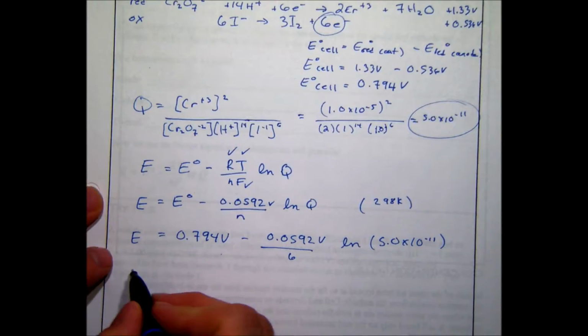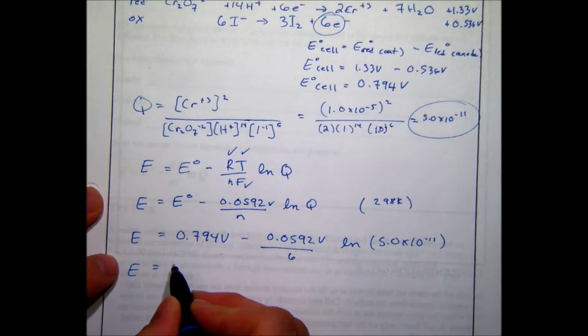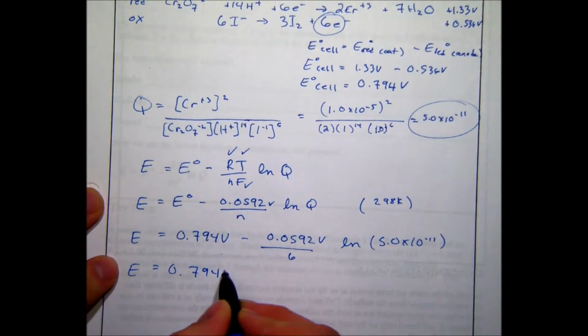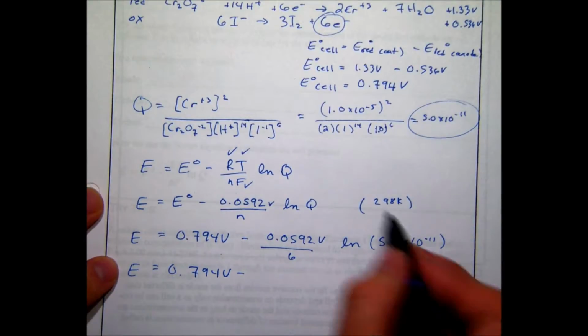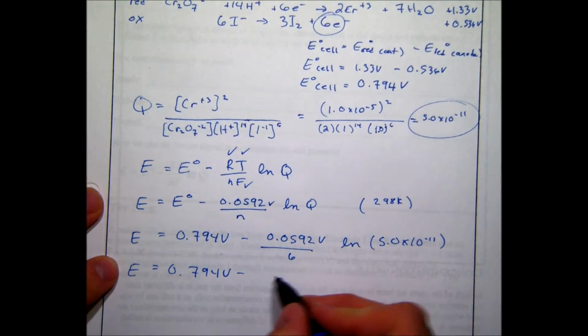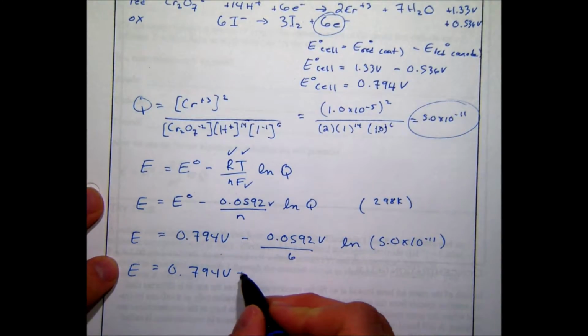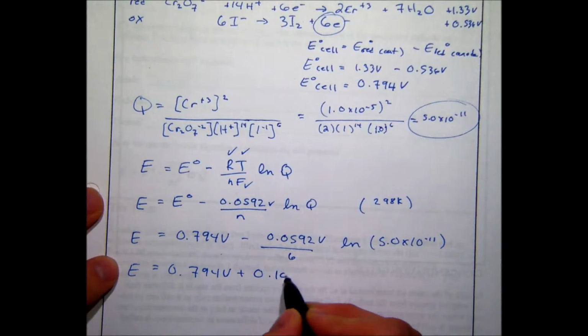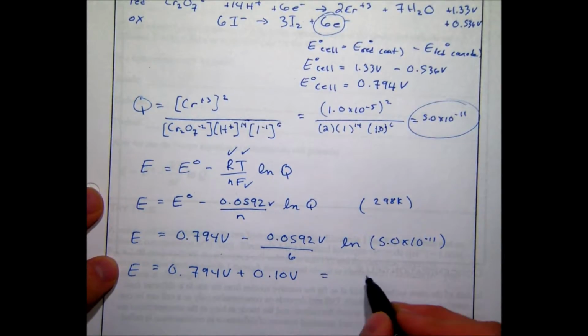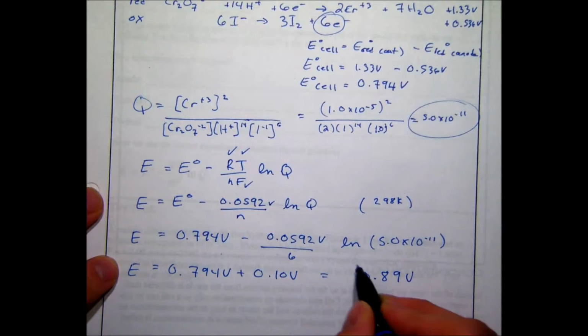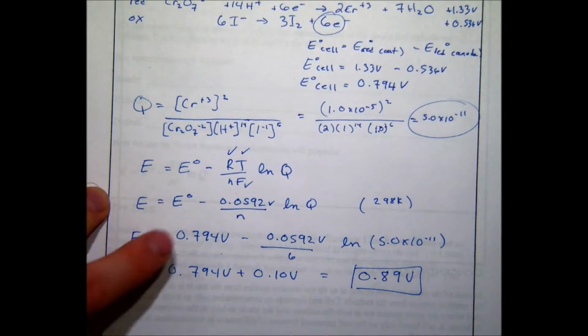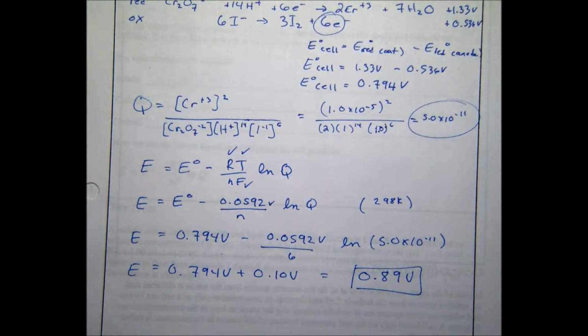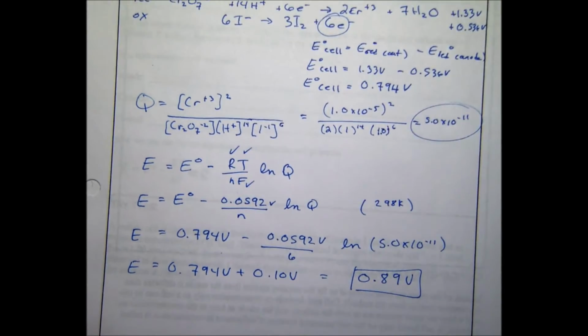Standard cell potential is equal to 0.794 volts minus, when you solve this part of the equation, you end up with basically plus 0.10 volts, equals 0.89 volts. So under these conditions, the voltage will actually be higher in this particular problem.